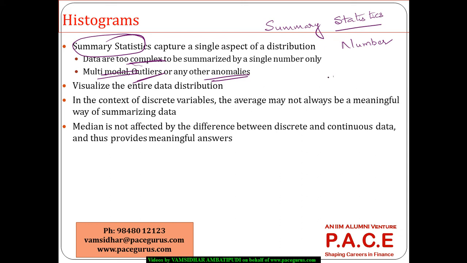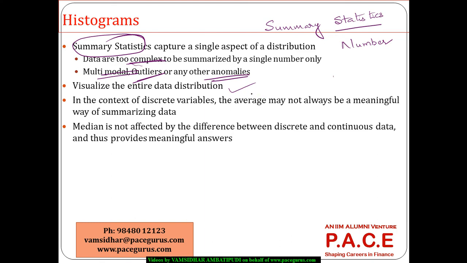Though they are really helpful in terms of talking about a typical value, the typical deviation, the overall symmetry of the data, and the numbers are themselves explanatory from these dimensions, understanding the entire pattern of the data becomes very difficult without looking at the visual aspect of it. So the histogram is majorly targeted towards visualizing the entire data distribution.